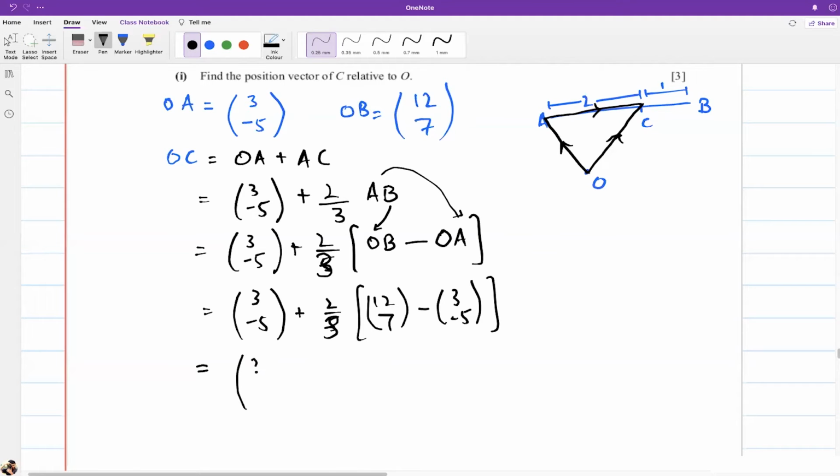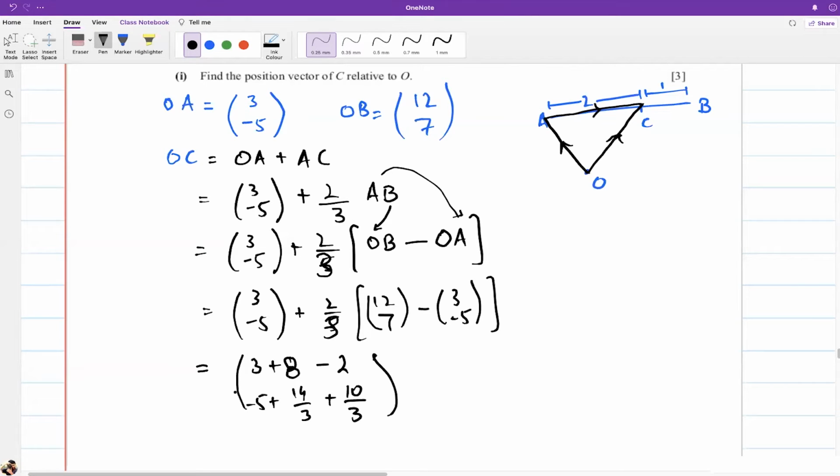This will be 3 plus 2 by 3 times 12, which is 8, minus 2 by 3 times minus 3, which is minus 2. Similarly, this one is going to be minus 5, plus 2 by 3 times 7, which is 14 by 3, and that multiplied by minus 5 is going to be plus 10 by 3.